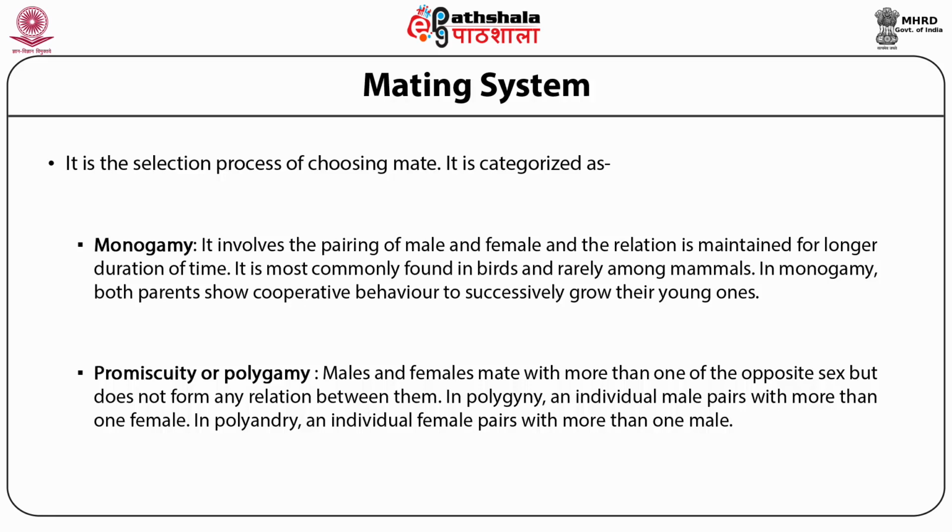The individual having multiple mates is generally not involved in caring for the young. Environmental and behavioral conditions result in various types of polygamy. In polygyny, an individual male pairs with more than one female. In polyandry, an individual female pairs with more than one male.